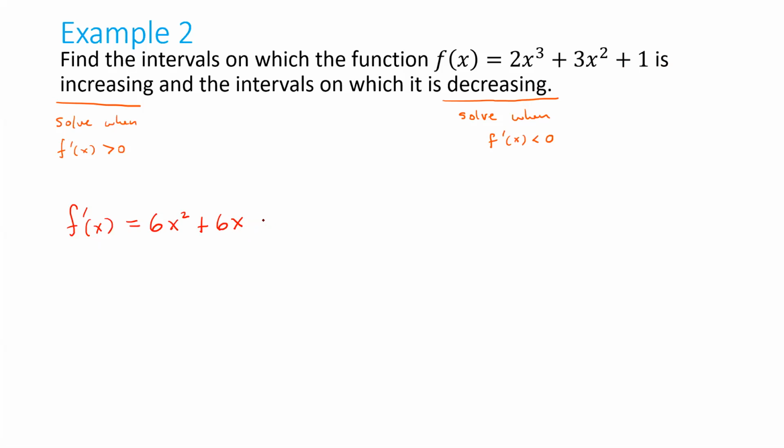And then set this equal to 0. If you want, we could find the critical values. So factoring out the 6x, we get 6x, x plus 1. So our critical values will be at x equals 0 and x equals -1.